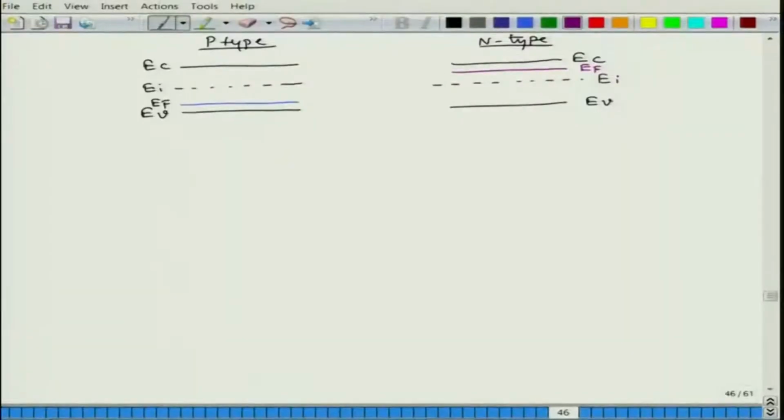And the constancy of Fermi level principle will also play a role, because now they are in contact. When they are in contact, the Fermi level has to be constant. So, this is a very important concept. Please pay attention.